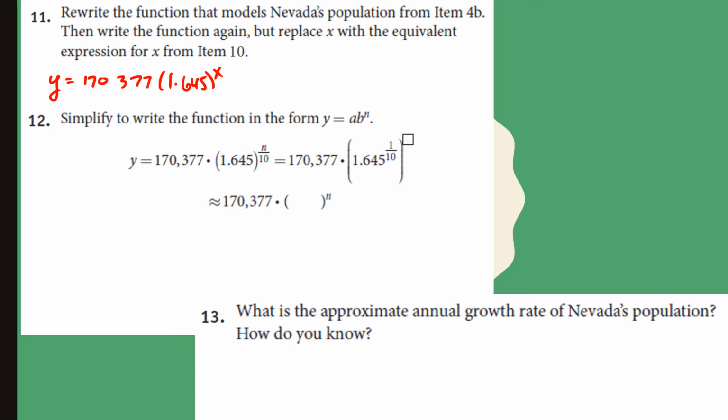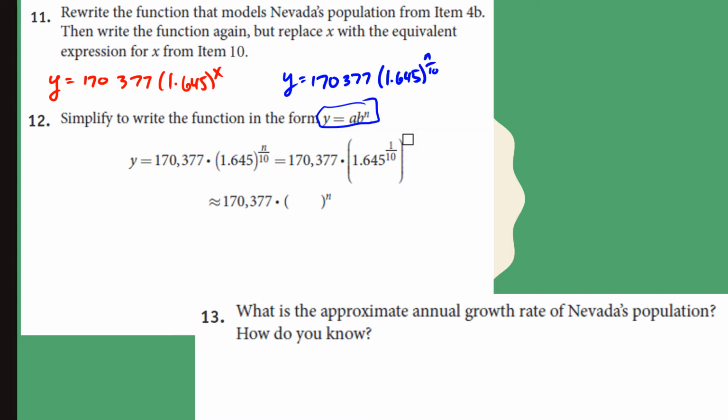And the new one is going to be y equals 170,377 times 1.645 to the n over 10. Now we're going to simplify to write the function in normal form, without a rational power, without a fraction power.